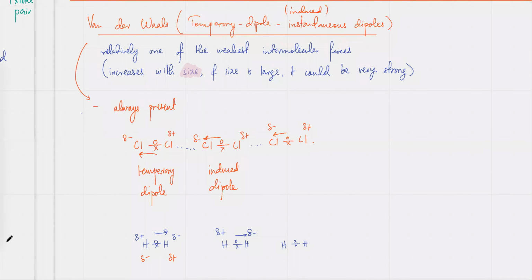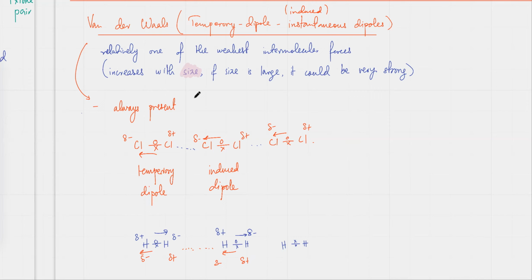So the electrons get knocked to this side during a collision. Now the positive side will attract the electrons from the neighboring molecule, and that would make this side negative, that side positive. So induced dipoles would be formed, and due to the fluctuating dipoles, there would be some forces of attraction, which would be known as van der Waals forces.